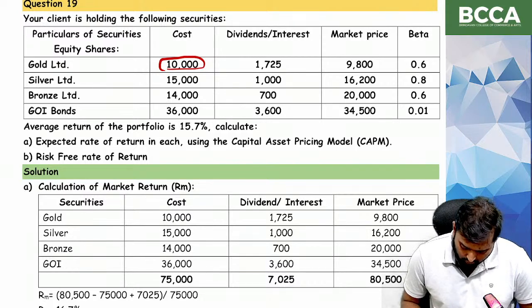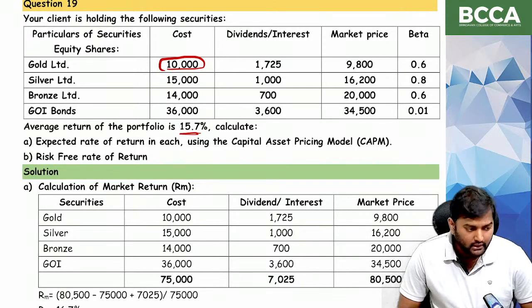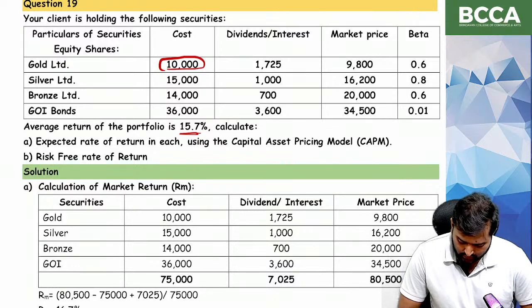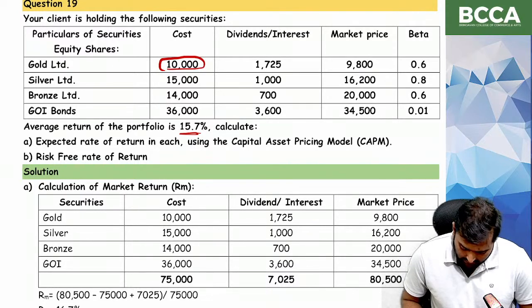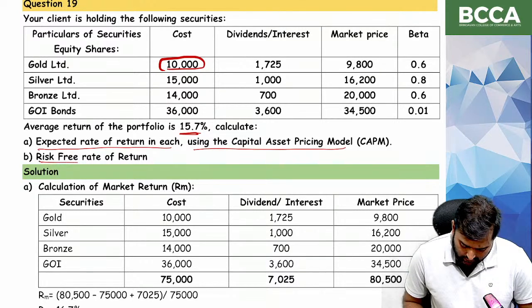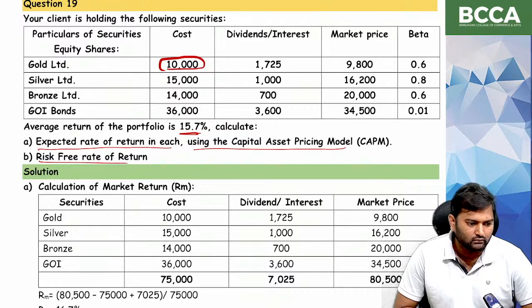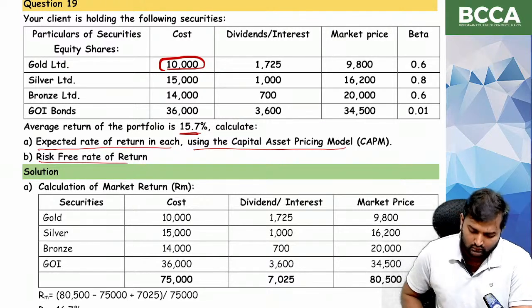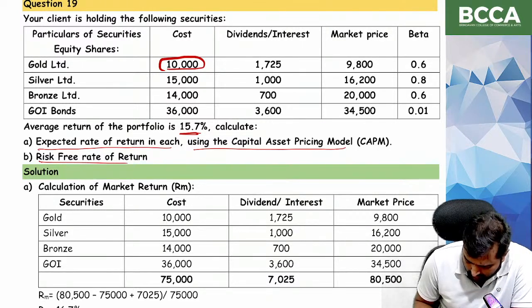Average return of the portfolio is 15.7%. Calculate expected rate of return on each using the CAPM, and the risk-free rate of return. Different question. Here the average return of a portfolio is given.